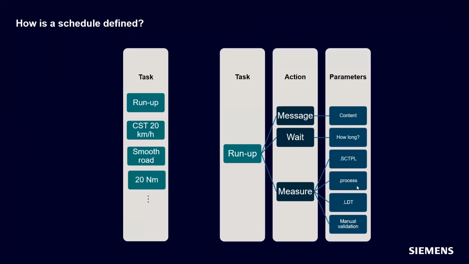And then I can also assign some other things to these tasks, like a testlab.neo.process file if I want to process this specific measurement file with a Neo process file after the fact, as well as an LDT file, which is a Test Lab descriptive annotation file for supplying metadata to this measurement file.